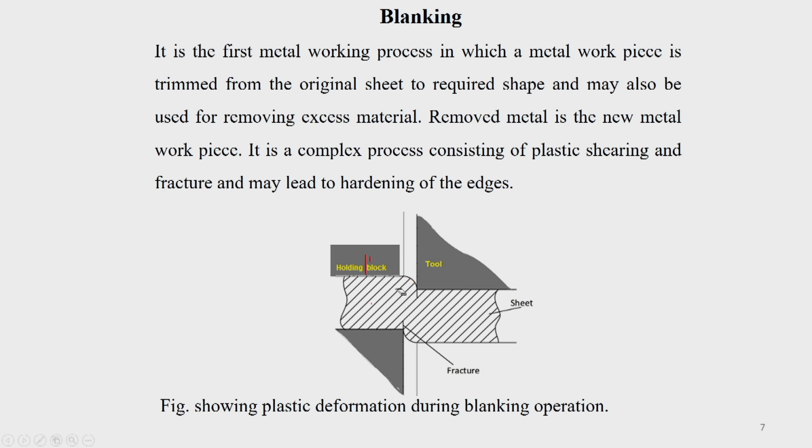That depends upon the thickness of your sheet metal. The clearance will be decided based on the thickness. So, this is a simple blanking operation: this will move here, this is held there, and it will just shear off, a very simple operation.